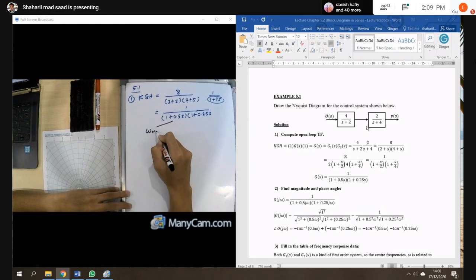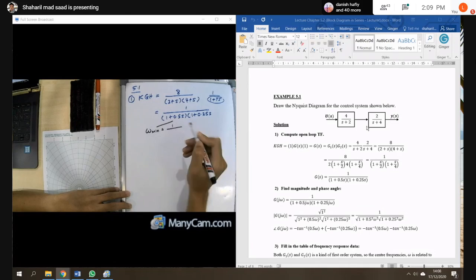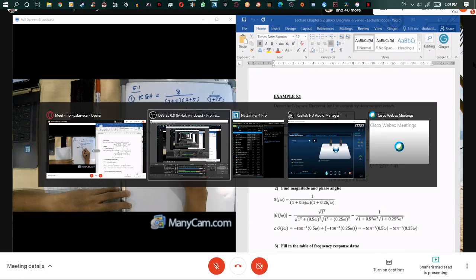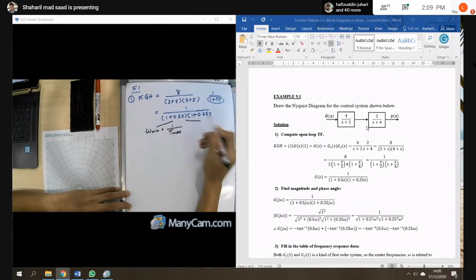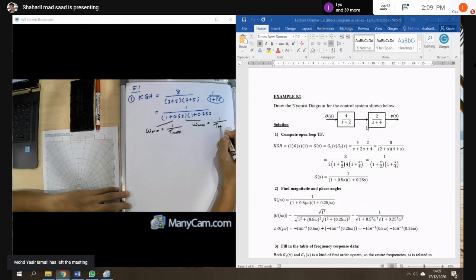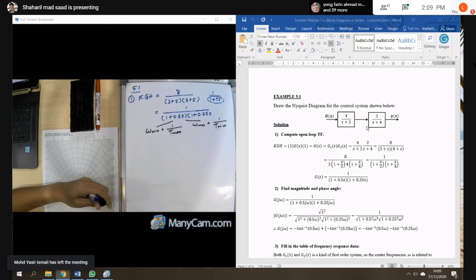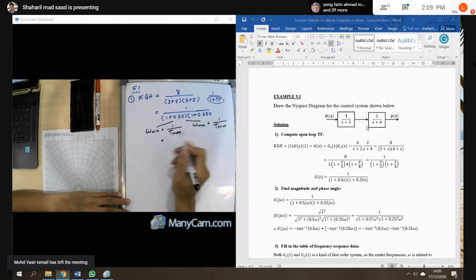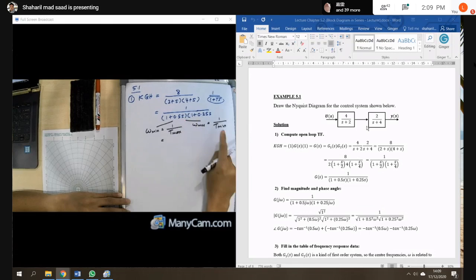From this, what we can find is omega min equals 1 divided by T max, and omega max equals 1 over T min. This is what we get from the equation here.